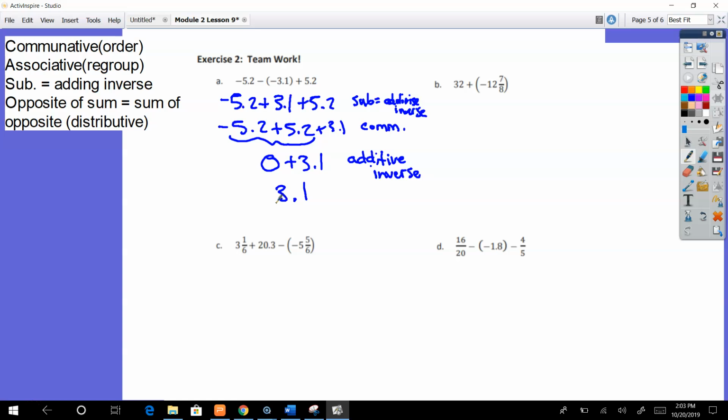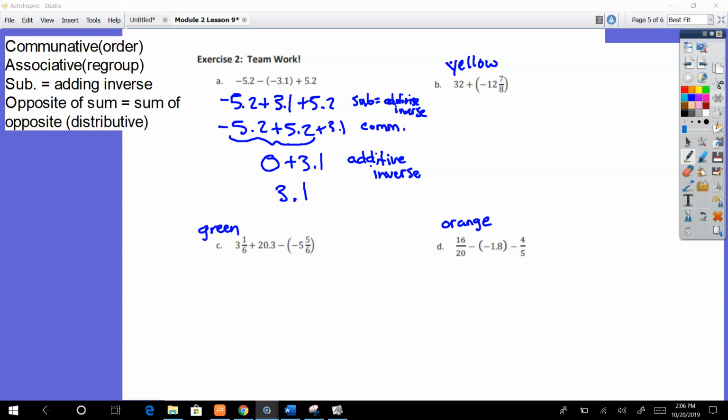The person to the left of pink, I believe yellow, is going to start on B. Green, start this one, and orange, you will start this one. Okay, pause the video and work amongst your group. You've got about 6 minutes. Go ahead.